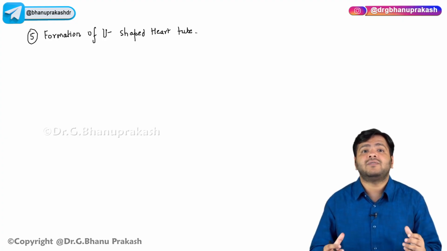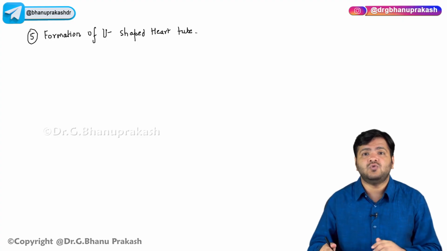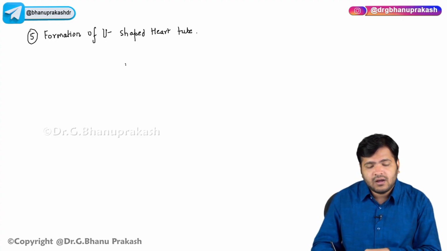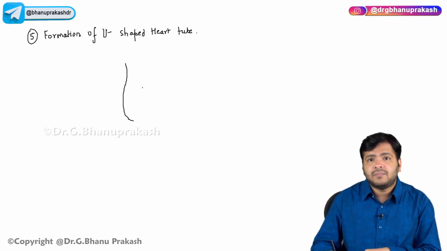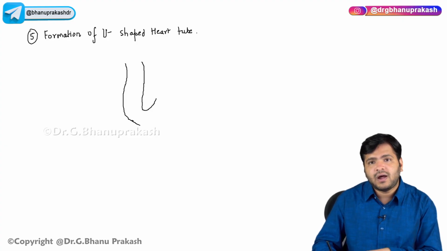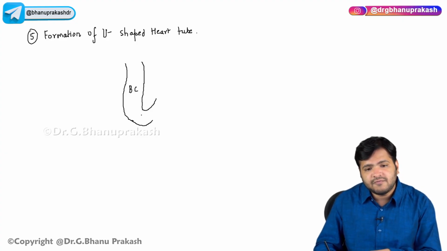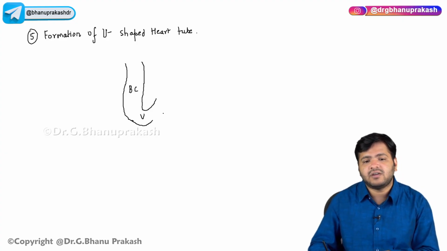The heart tube will grow much faster than the pericardium, so it becomes folded to form a U-shaped tube. So you already know the part, the bulbus cordis will come in front, okay? The primitive ventricle will be down. So let us suppose this is the bulbus cordis, this is the primitive ventricle, okay? I'm just writing ventricle over here.